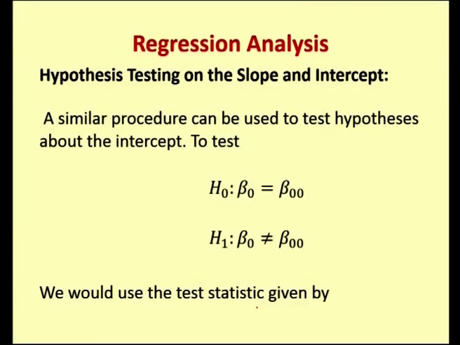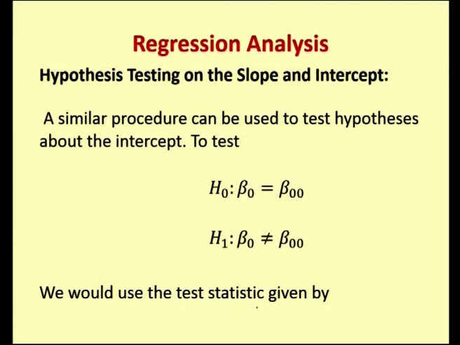Now, a similar procedure can be used to test the hypothesis about the intercept. So, in the previous one we performed the hypothesis testing on the slope, and in a similar manner we can perform the hypothesis testing on the intercept. So, here H naught is such that beta naught is equal to beta 0 0 against H1 such that beta naught is not equal to beta 0 0.